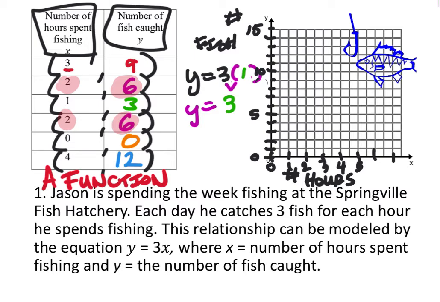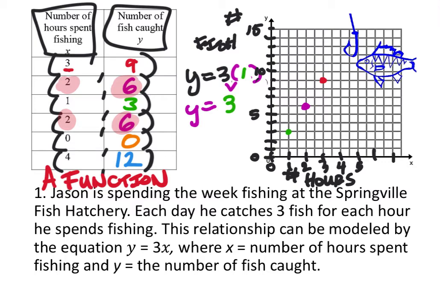So the first one is 3 hours, 9 fish, right? So 3 hours, 9 fish would be this point right here. And then 2 hours and 6 fish, 2 and 6, boom, right here. And then 1 hour for 3 fish is this one. And then 2 and 6 again, it's just that same point right there. So I colored over it, but it's still the same point.